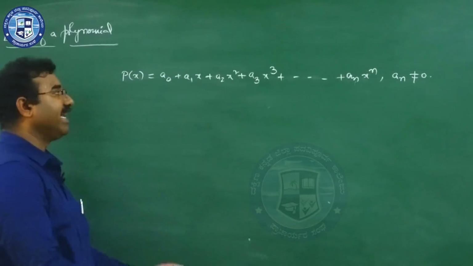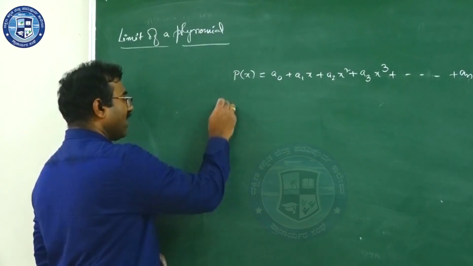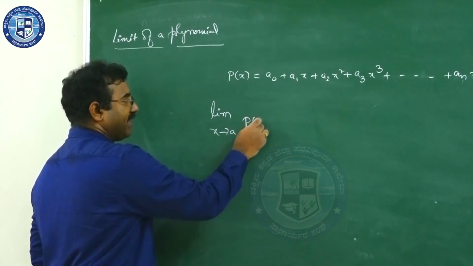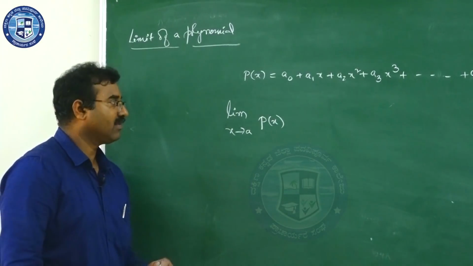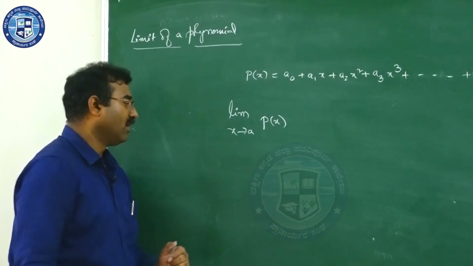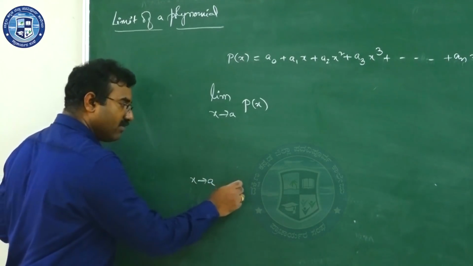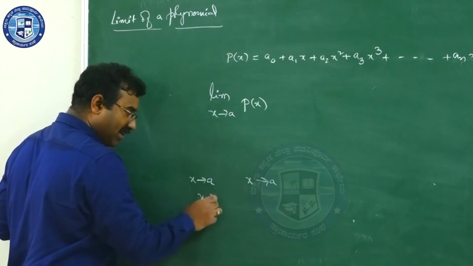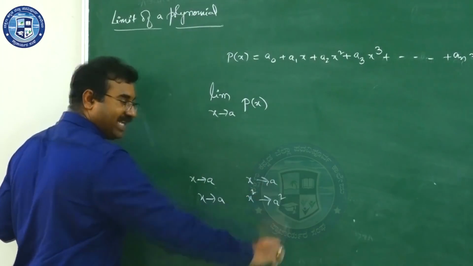Suppose it is an nth degree polynomial. I need to find limit x tends to a of p(x), where x is the variable. When x is coming close to a, what about x square? x square comes close to a square.